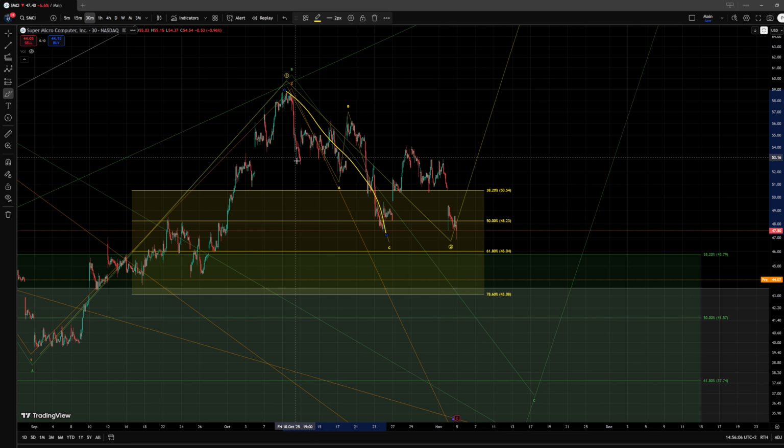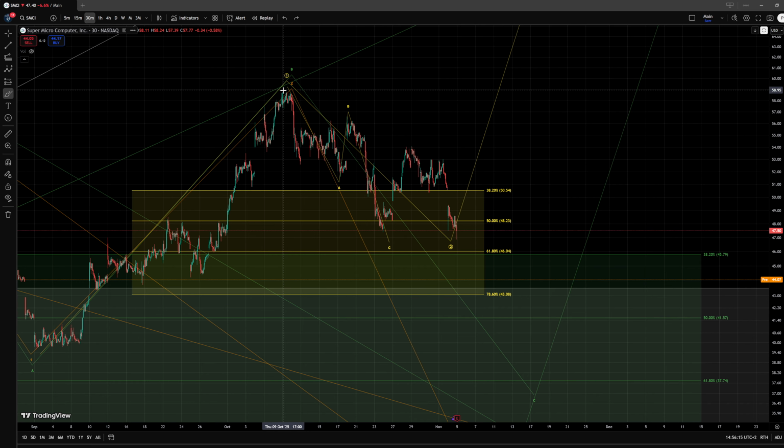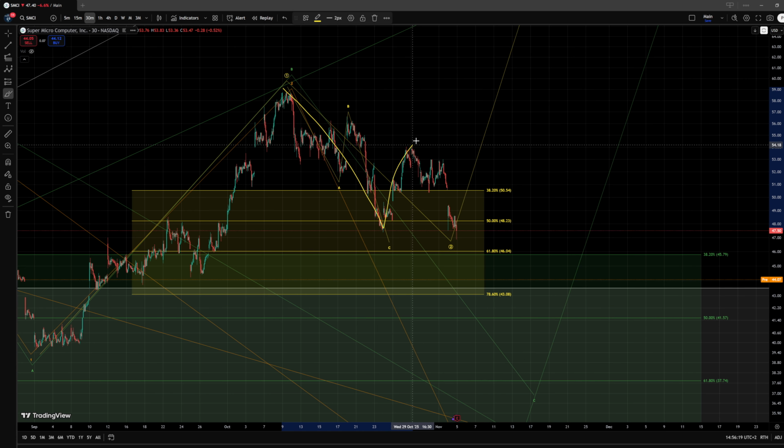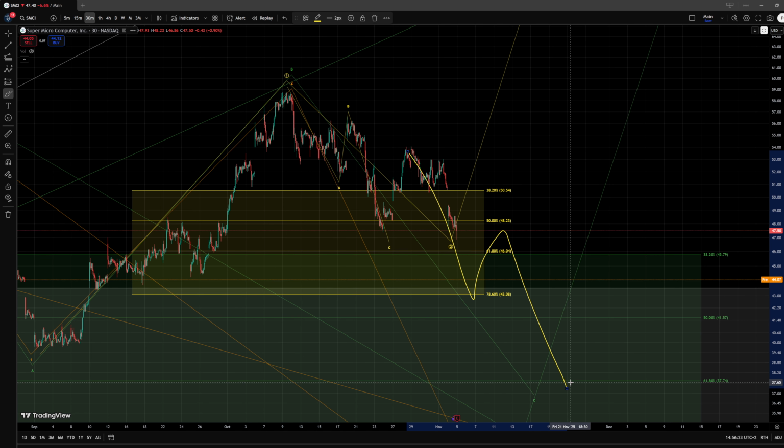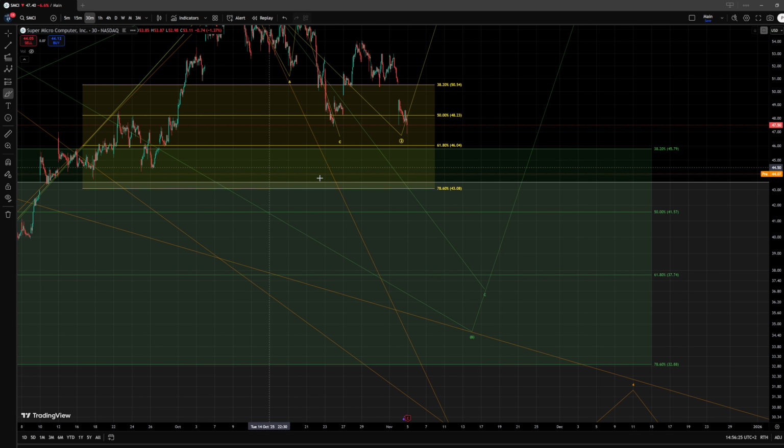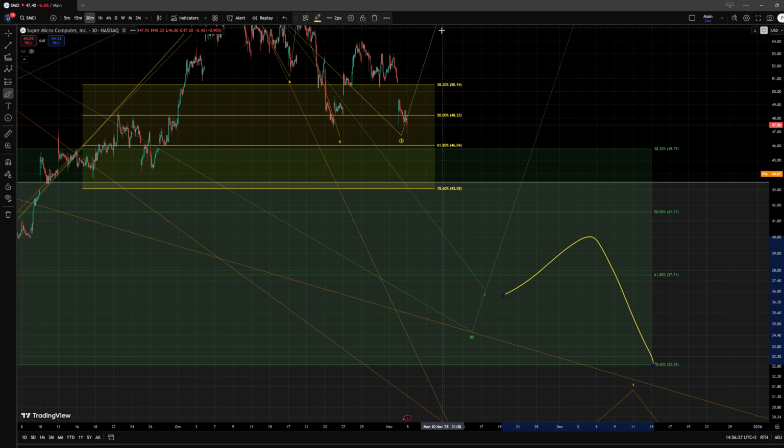In both ideas we are tracking a diagonal pattern within this wave C to the downside. This could be a 1, this could be a 2, we could get a third now. This would unfold in something like an ABC, and then we could be looking for another fourth and a fifth to the downside.